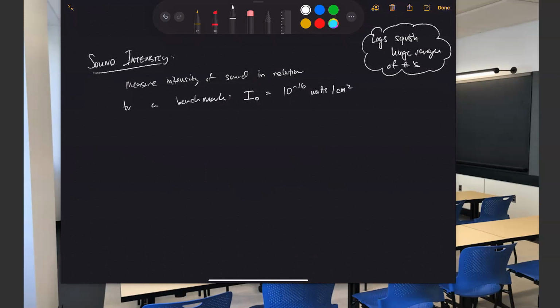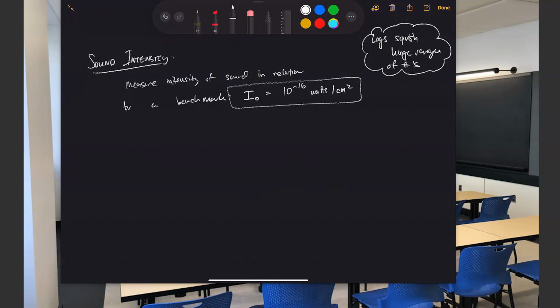Again, what we typically do is compare the intensity of other sounds in this rough unit of energy per surface area. We measure whatever we're comparing to this base.